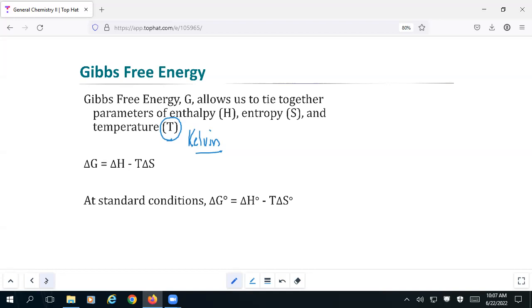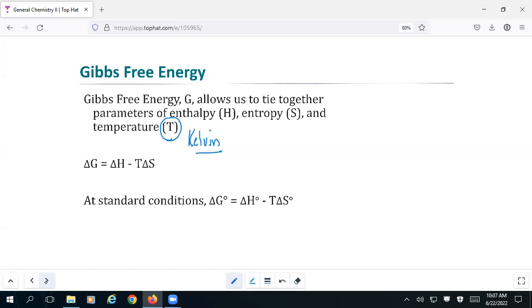If we did see Fahrenheit, we would have to either have a specific heat that was Fahrenheit as well, or we would have to make the appropriate conversions to Celsius or Kelvin.